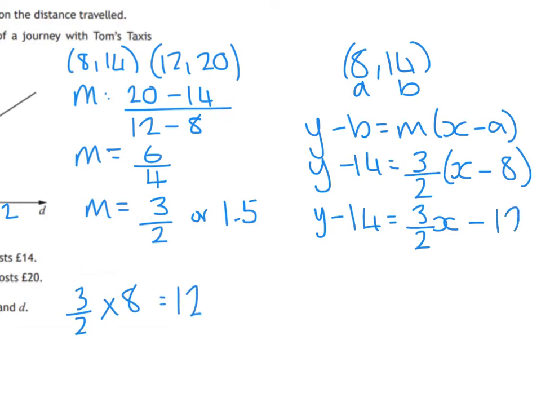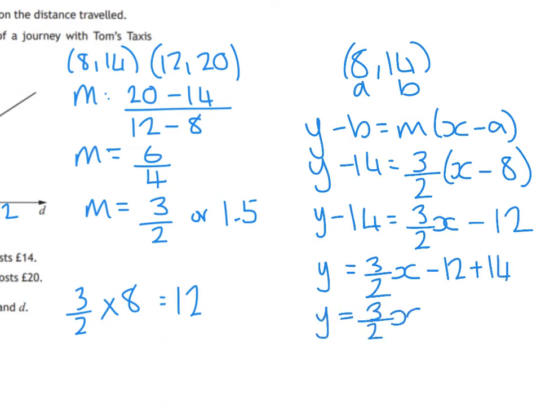So it gives us that. And that maybe saves us a wee step then. I would only make you do it that way if it was a number where the fraction could multiply by it nicely. Had there been a 3 in the denominator there, 3 doesn't go into 8, so I would never get you to do it that way. Okay, move the 14 over, it becomes a plus 14, so we have 3 over 2 x minus 12 plus 14. So y equals 3 over 2 x plus 2.